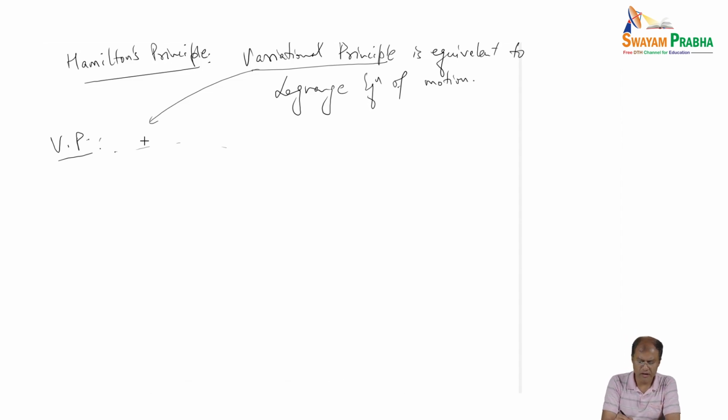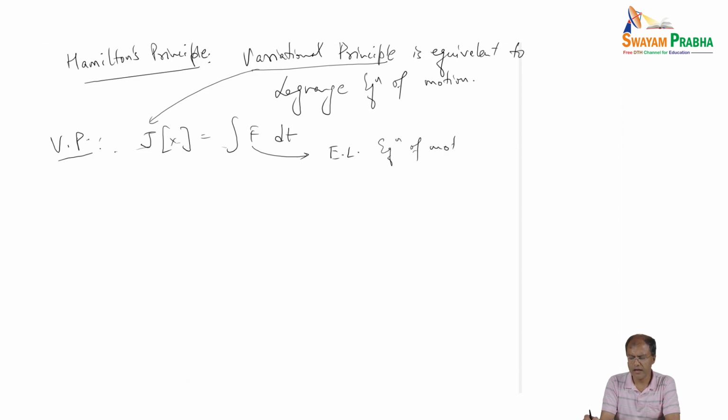So all it says is that if you are given a functional which is given by this, then whatever makes this functional stationary, and of course this is going to be the case when Euler-Lagrange equations of motion are satisfied, then that extremal or that solution to that functional is going to make the functional stationary, right? And that is the actual motion of the system, and so that is what it is.